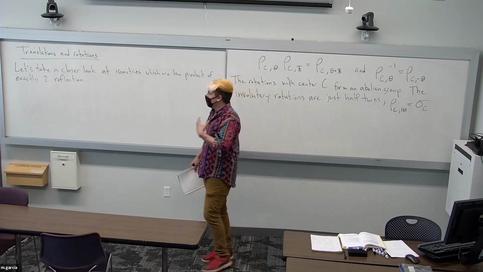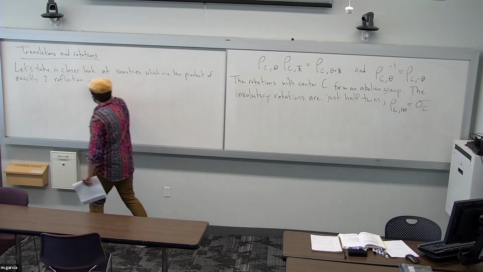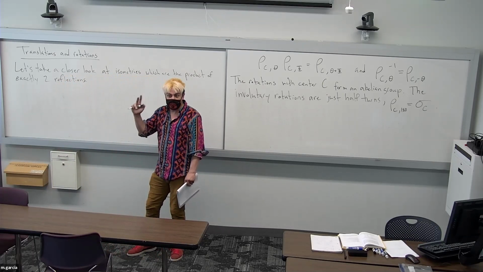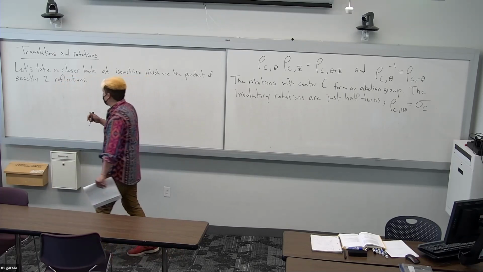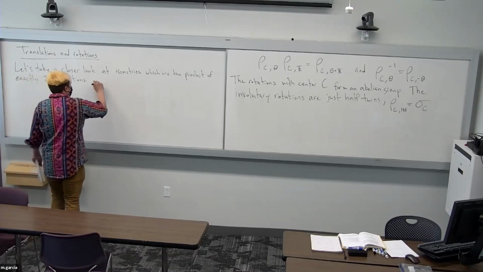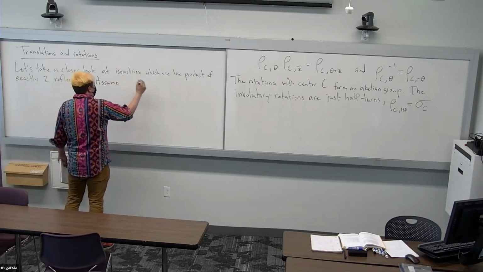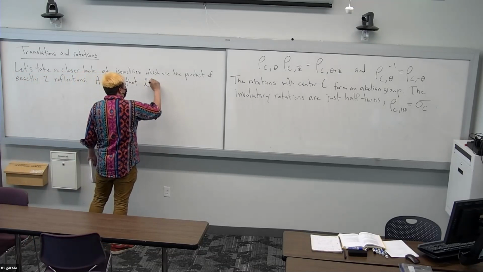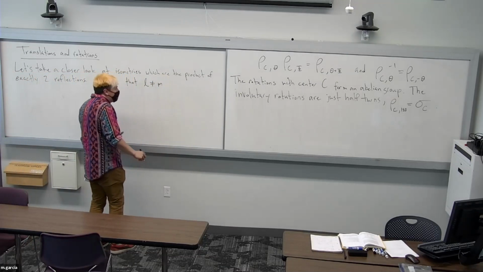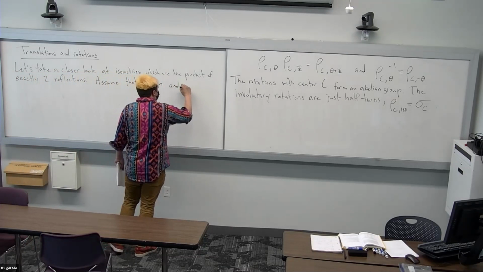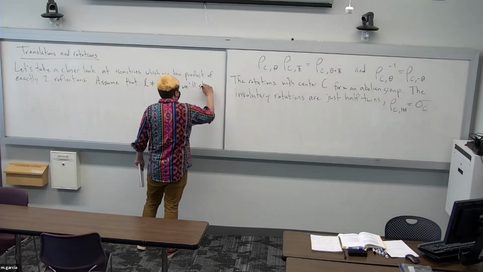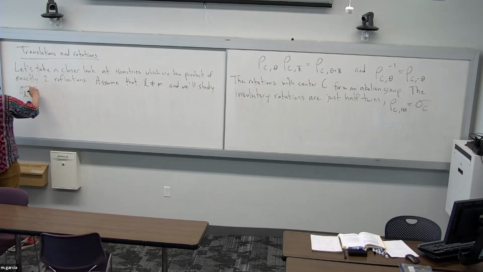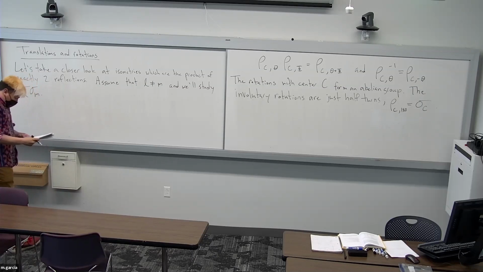So when I say we'll look at isometries that are products of two reflections, we'll take those reflections to have distinct lines of symmetry. Assume that the line L is not equal to M, and we'll study sigma L, sigma M.